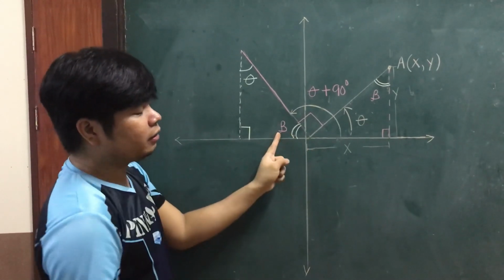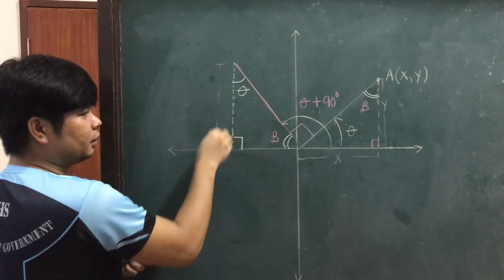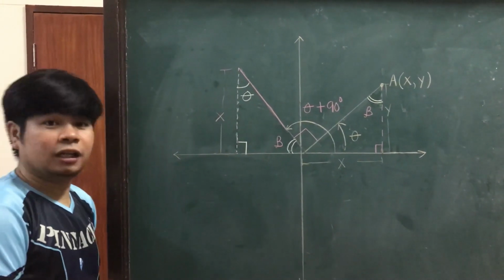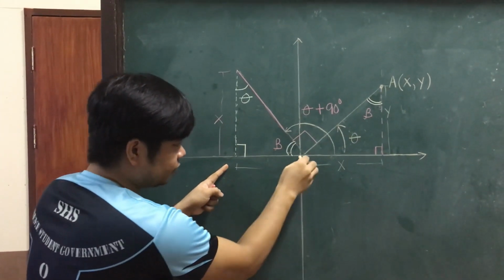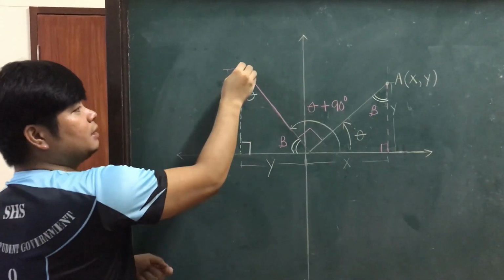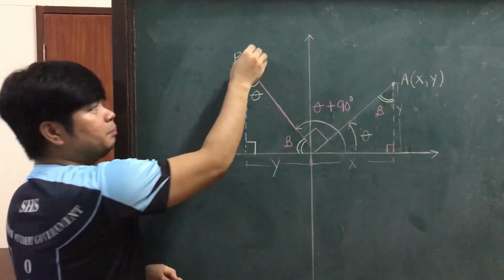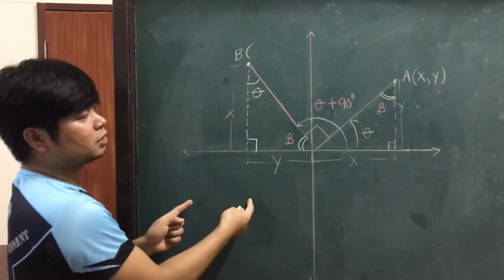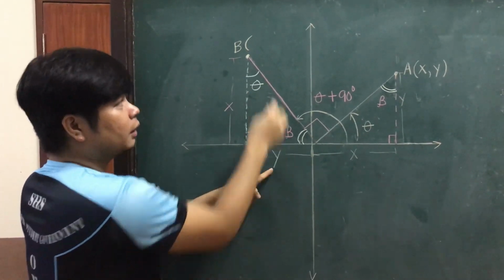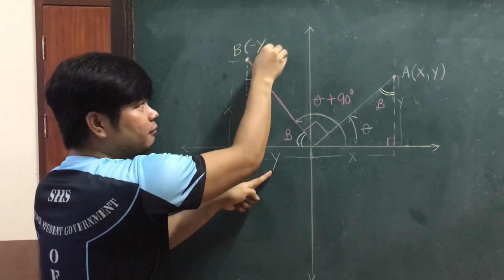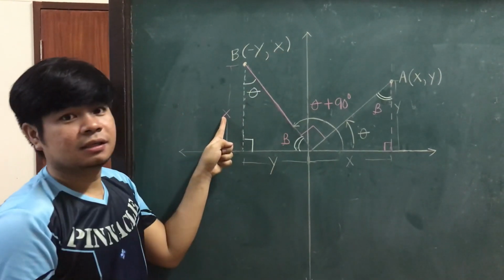And the length of the side opposite beta is x, so this will become x when it comes to length. And the side opposite theta here is y, so this will become y. So if I say the point here is B, the coordinates of point B, recognizing its location, which is quadrant 2, the x coordinate will become negative y, and the y coordinate is x.